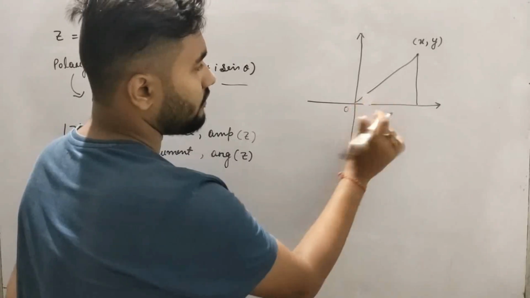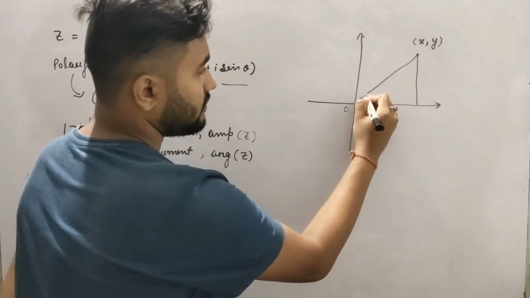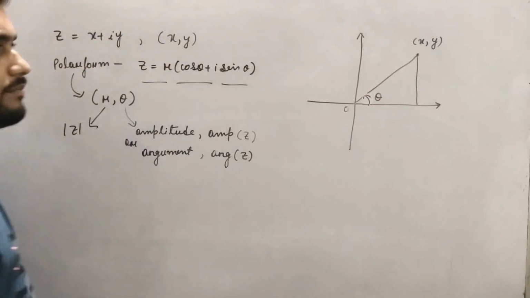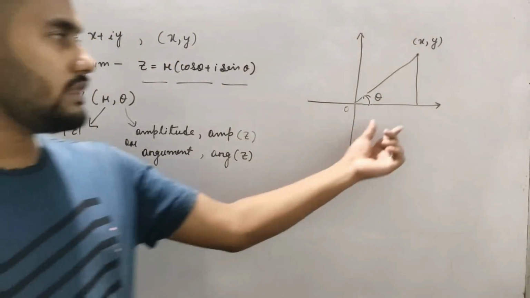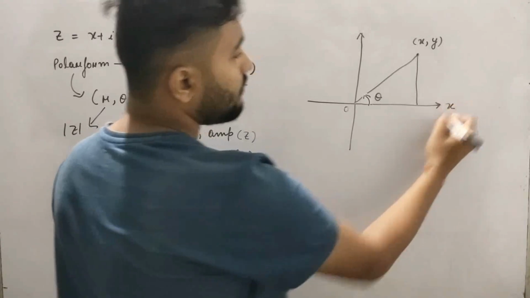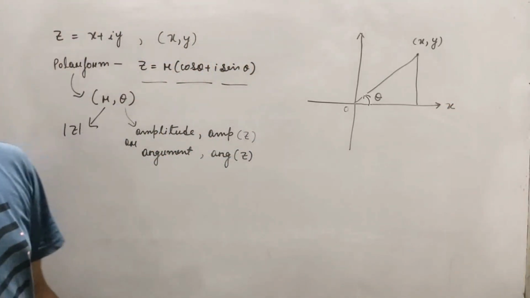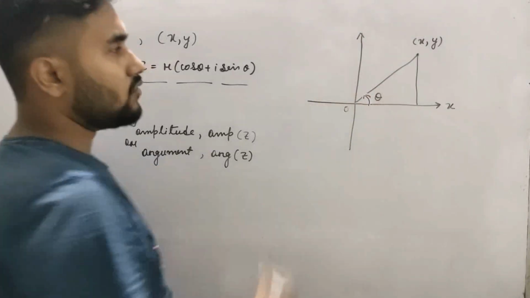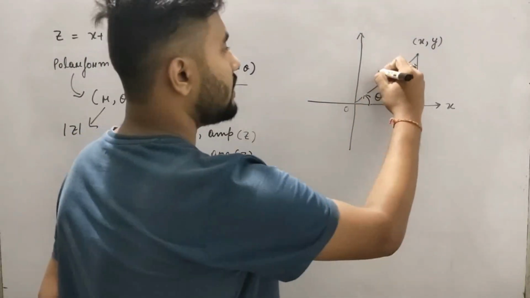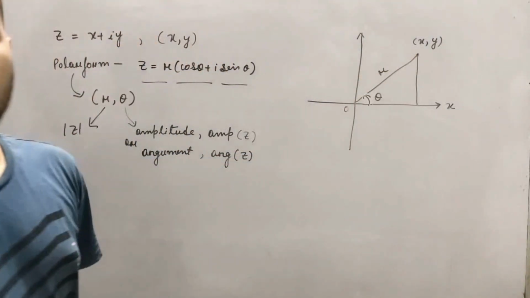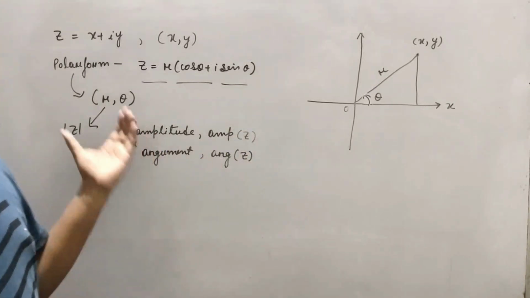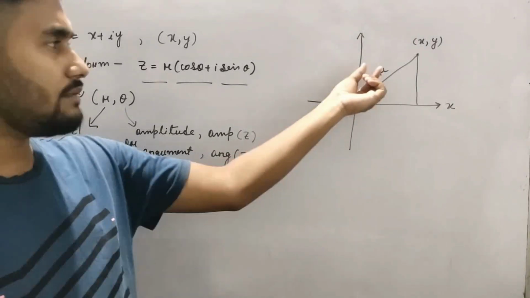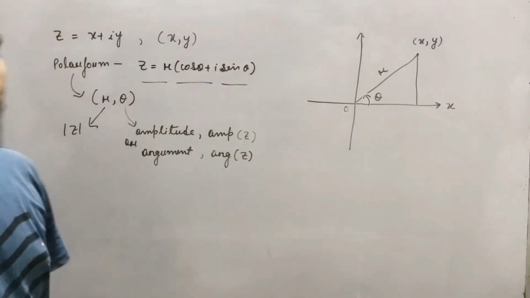Understood? So this is known as the argument, and this part is known as r, or the modulus of z. In short, while writing in polar form, we write this as r, exactly the same as the modulus of z.